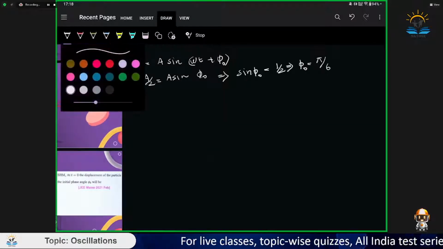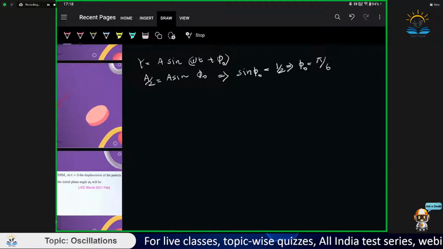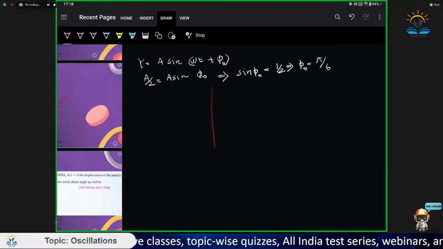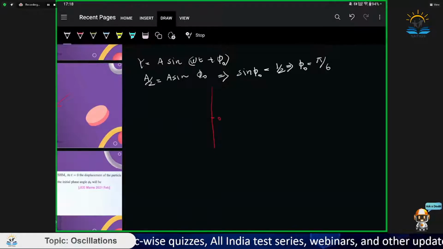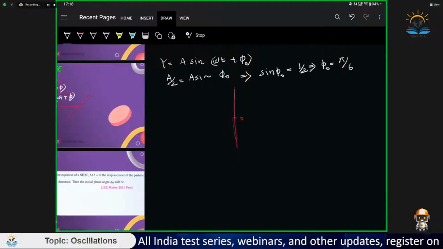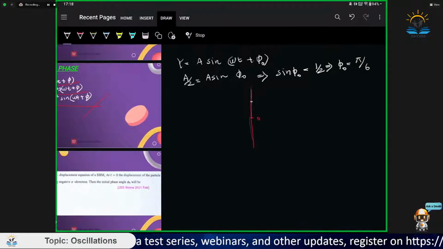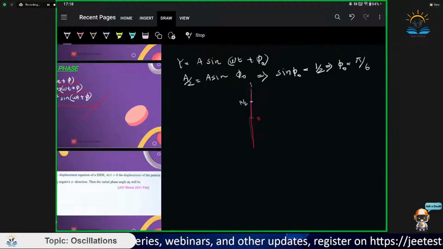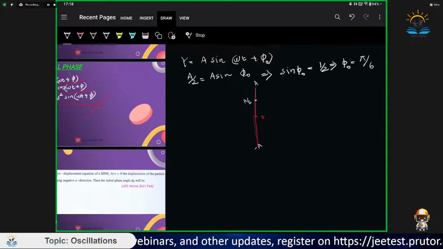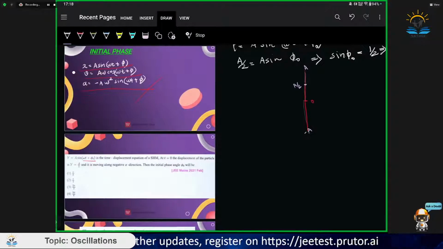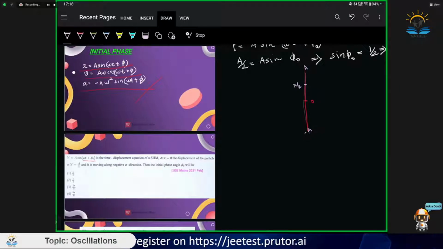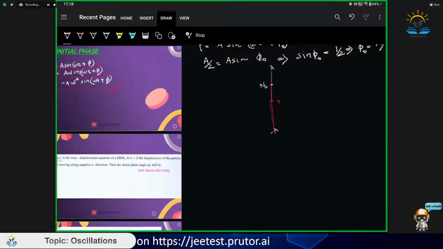Why? Let me draw. See, this is the mean position. The particle is oscillating like this, and like this. Now the particle is at A by 2. This is A, this is minus A. The particle is at A by 2 and it is moving in the negative direction.